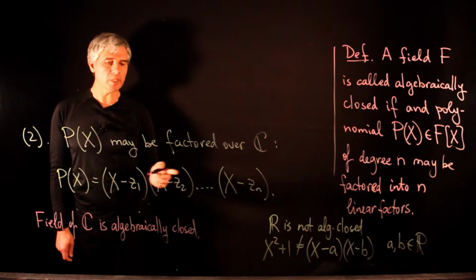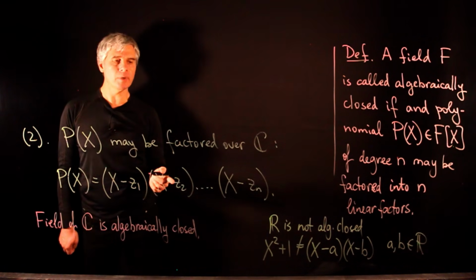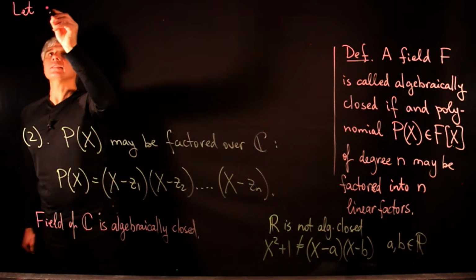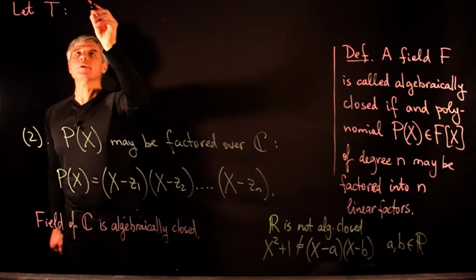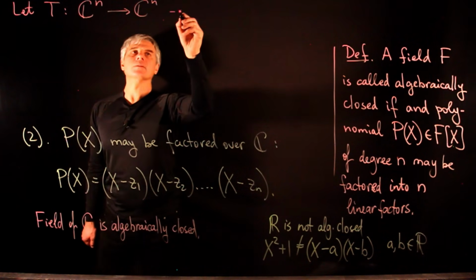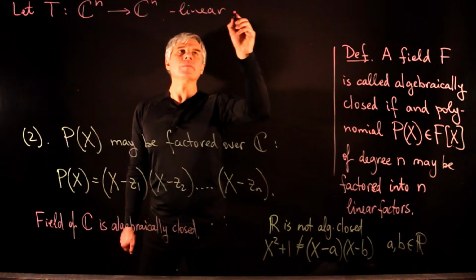Now let us see what are the ramifications of this theorem for the theory of linear operators. So let T be a linear operator from C^n to C^n.